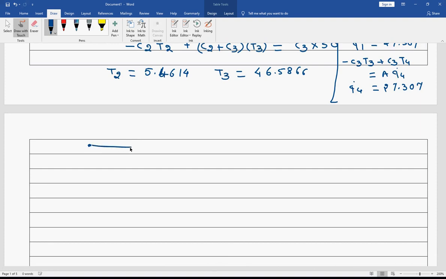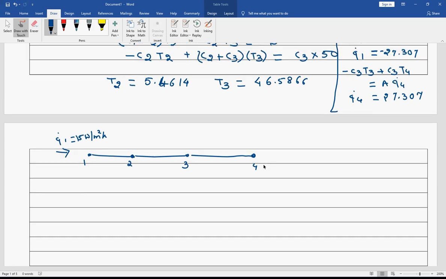Now same problem we are going to take, and I am going to apply different boundary conditions. 1, 2, 3, 4. So you will be able to understand what is happening. I apply a Q1 dot here, in this case 15 watts per meter square.